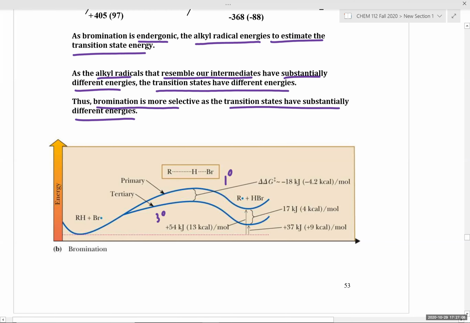So this is a pretty interesting application of the Hammond postulate, and I feel like it showcases the application of the Hammond postulate to both explain selectivity patterns and to explain differences between two possible reaction pathways. Does that make sense to everyone?